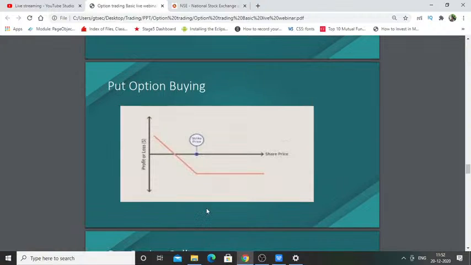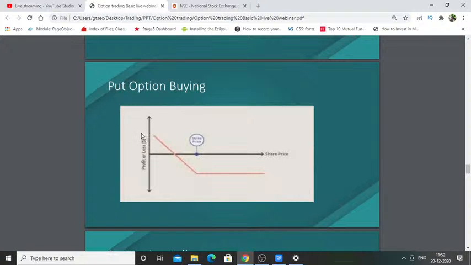If you look at the payoff graph, this is the payoff graph for put option buying. If the stock is moving upside, you will get limited losses. Your loss will not go beyond this level, whatever the premium you spent. But if the stock starts moving downside, you will get the profit as per the downfall.